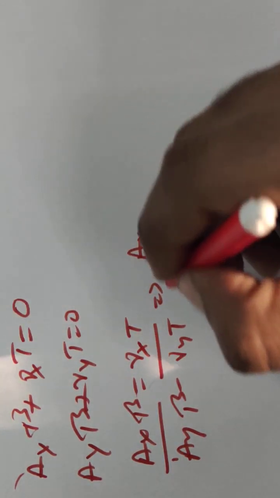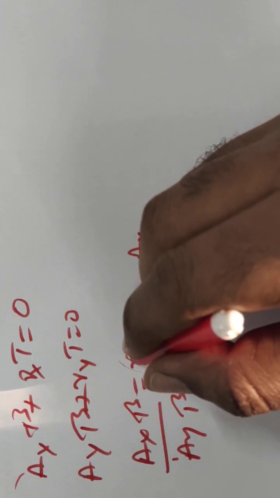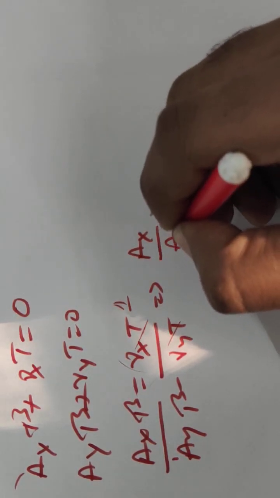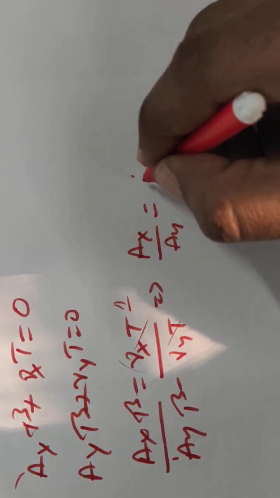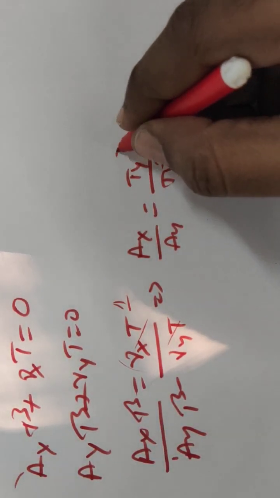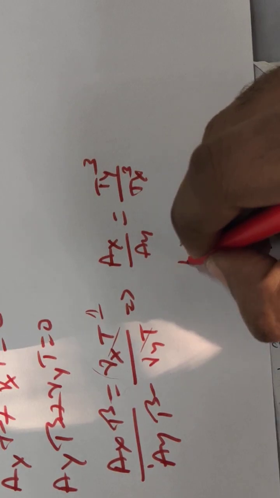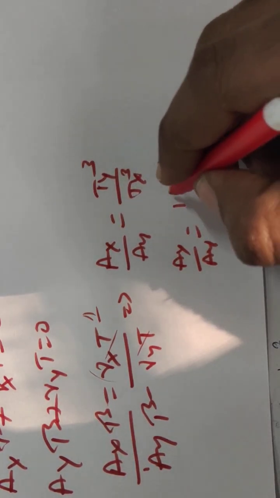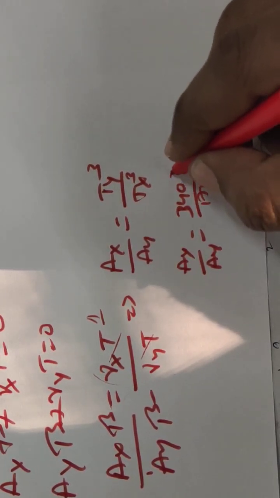Taking the ratio as 1, then ax divided by ay is equal to ty cube by tx cube, which is 340 divided by 170 whole cube.